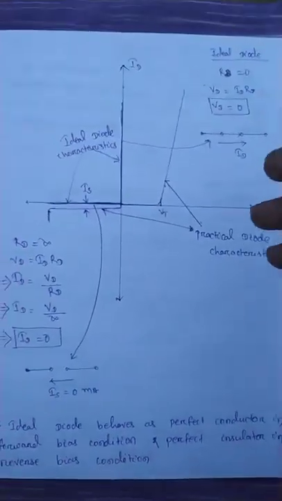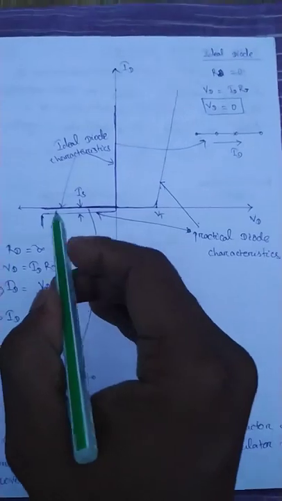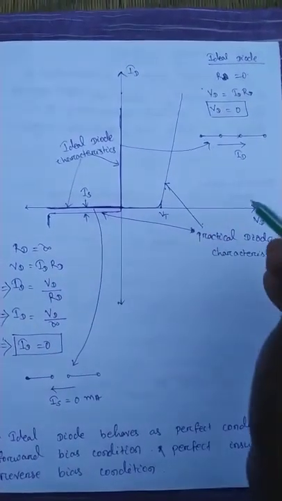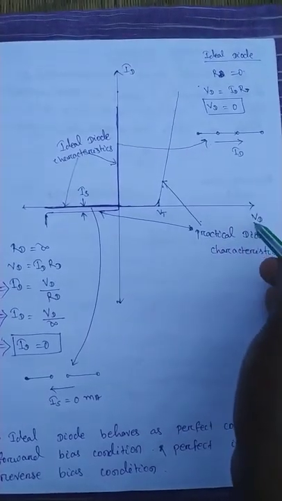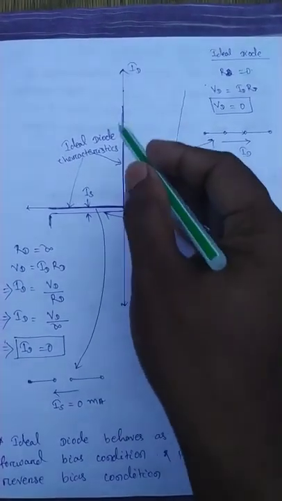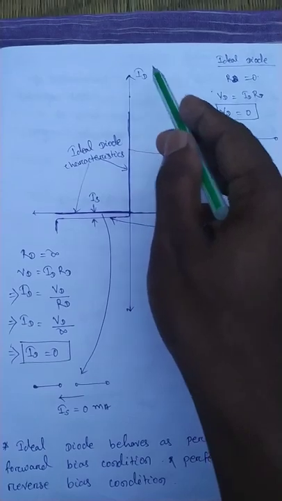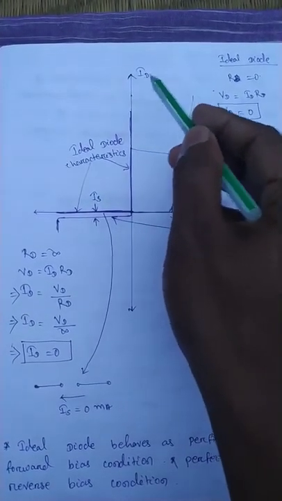Now coming to the VI characteristics. This plot represents the VI characteristics of the practical diode and ideal diode. The horizontal axis represents the supply voltage VD, and the vertical axis represents the current flowing through the diode ID.